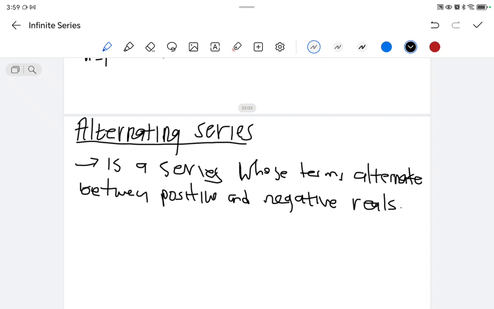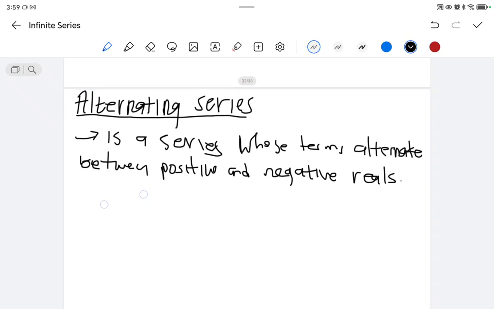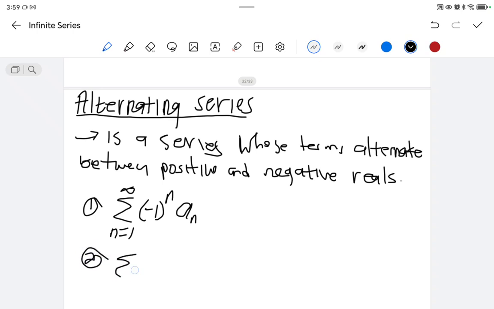So if we have this, we can have the types of series. We can have the first one, say n is equal to 1, then minus 1 to the n of a of n. Then we can have the summation n equals 1 of minus 1 to the n plus 1 of a of n.